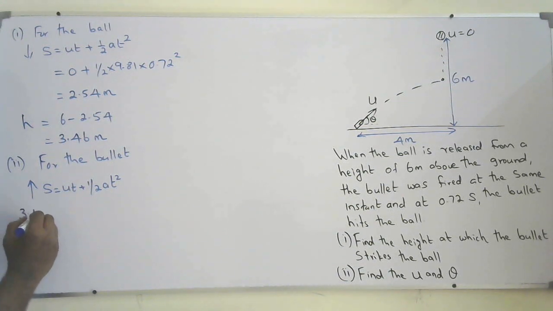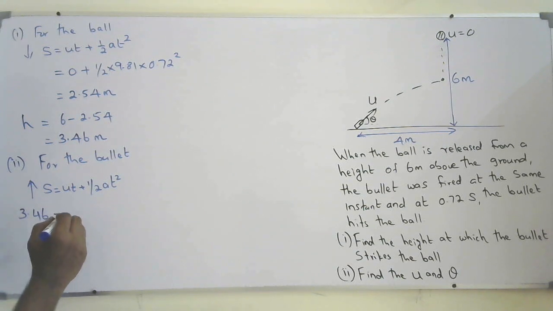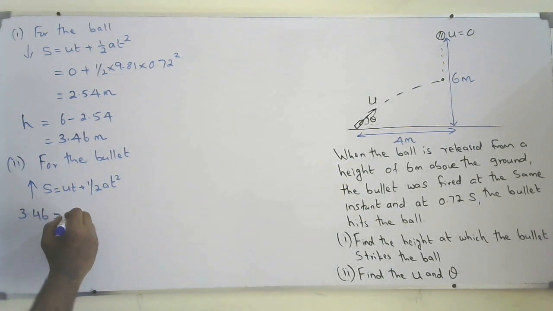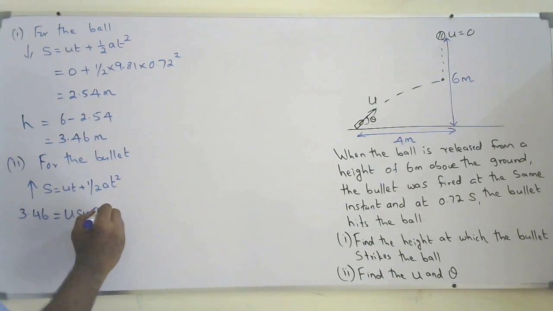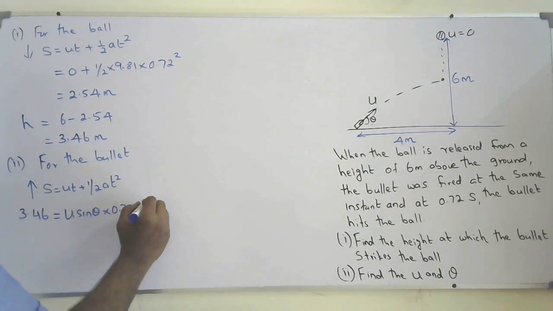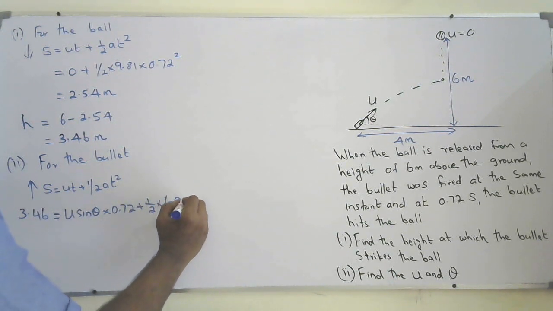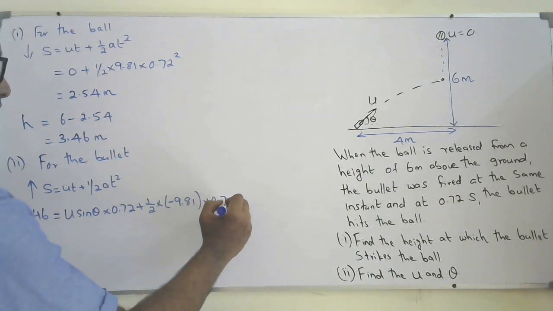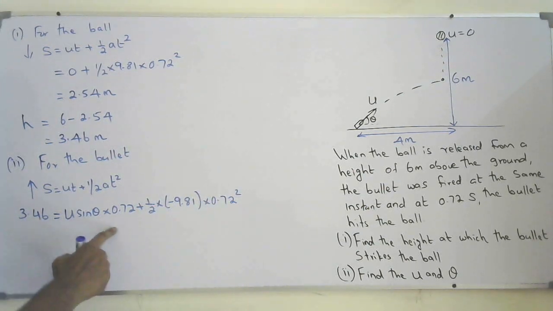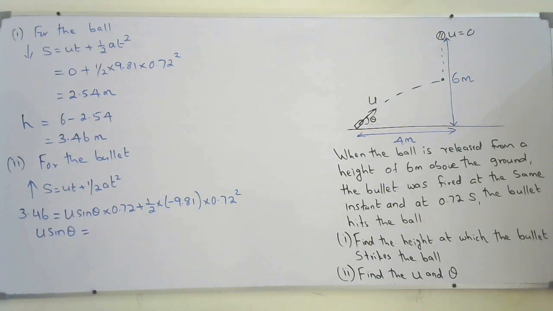So 3.46 equals u sine theta into 0.72 plus half into minus 9.81 times 0.72 squared. So I can find u sine theta from this equation. u sine theta will be equal to 8.34. Take it as the first equation.